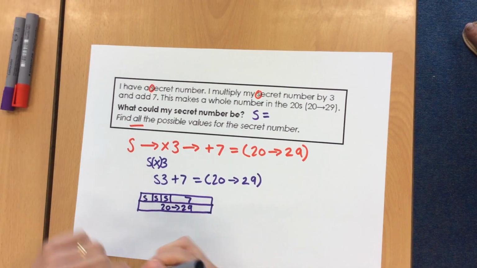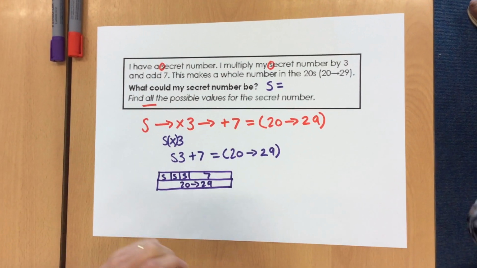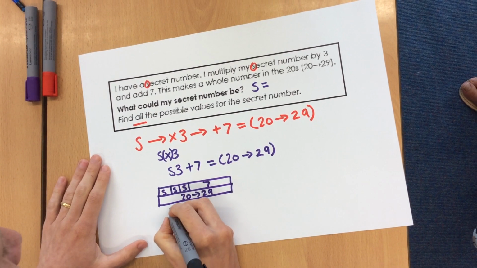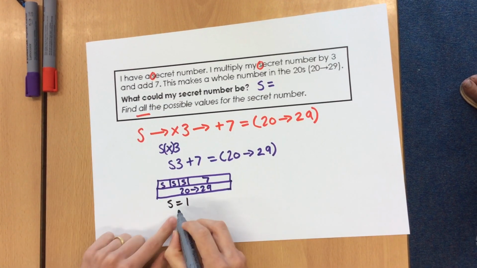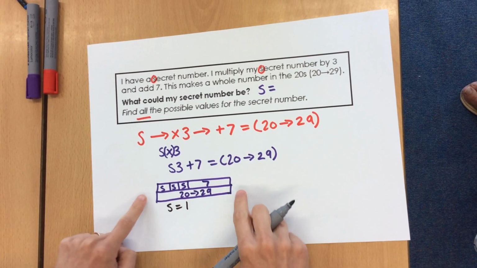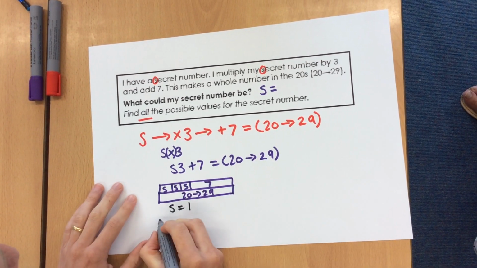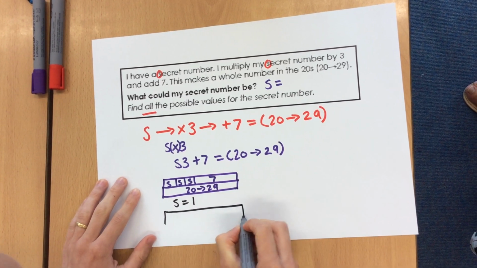I'll use a black pen for this one. I'm going to do some substitution here. I'm going to say for my first example, S is going to equal 1. Okay, so I'm going to redraw this bar, but instead of putting S, I'm going to substitute it for the number 1.